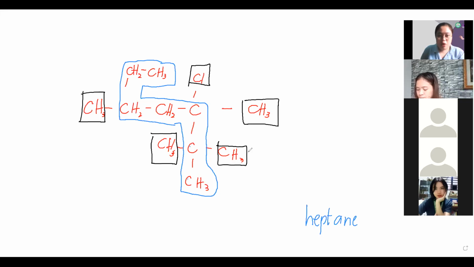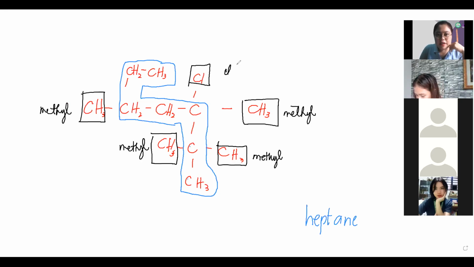Syempre, the 4 ones, lahat sila methyl. And then we only have chloro here. Again, we name this as chloro, ha? Now, let's see where should we start counting. If I start carbon number 1 here, 1, 2, 3.